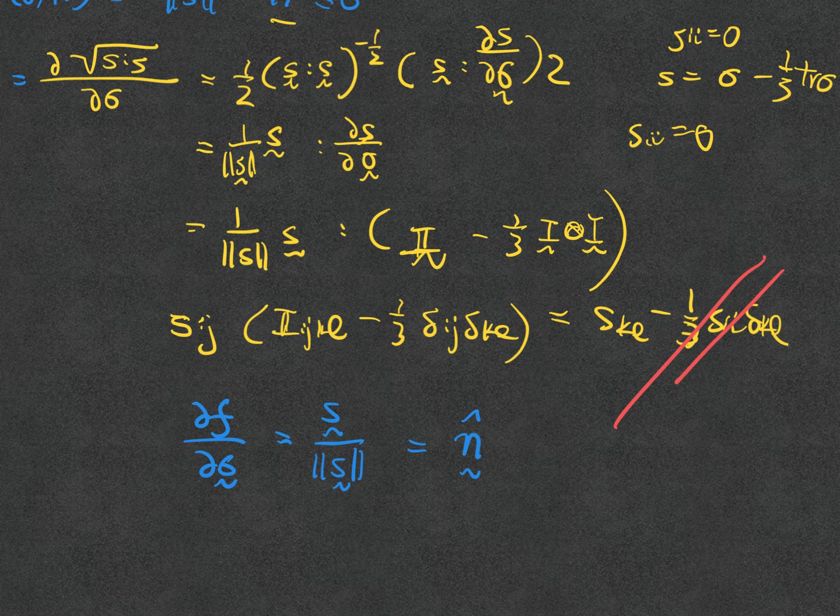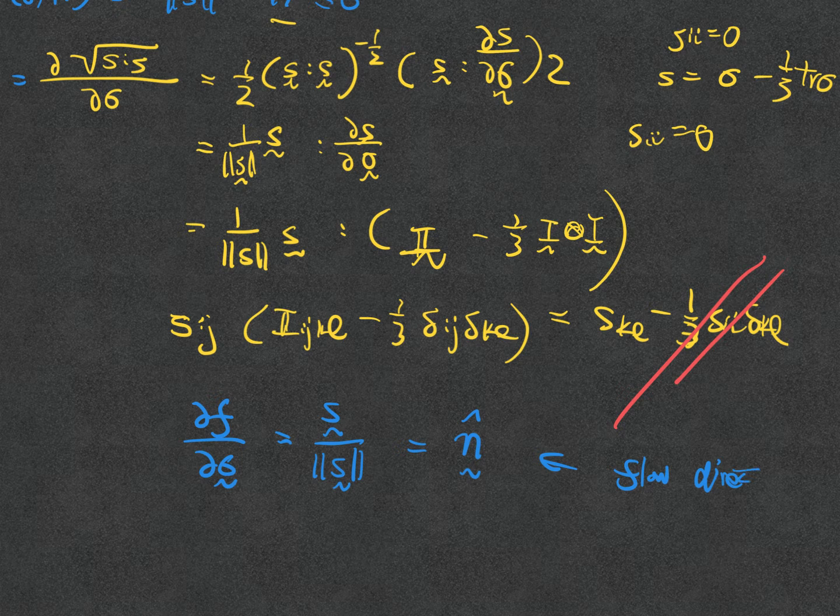Okay, so why do we use the symbol n? N has a very specific meaning. Mathematicians like to use n to indicate directions. Here, this is the flow direction.